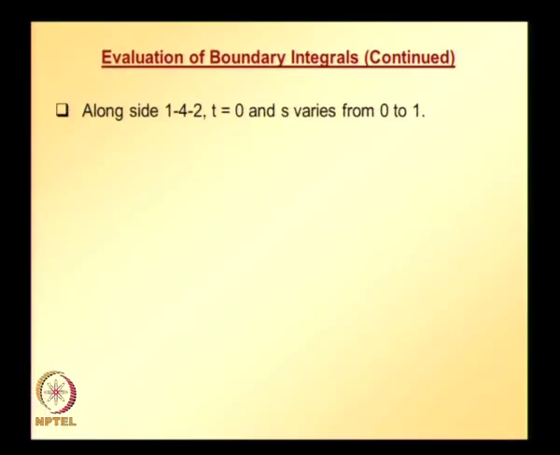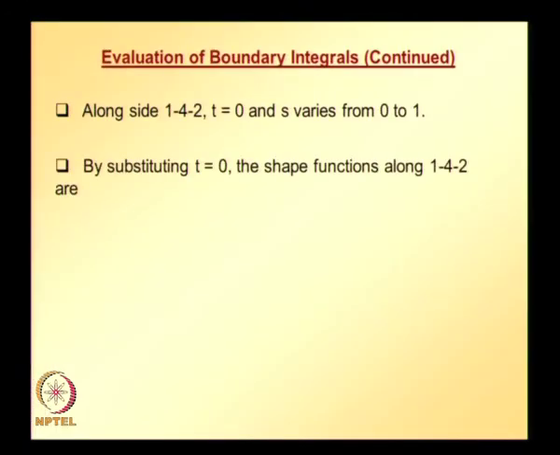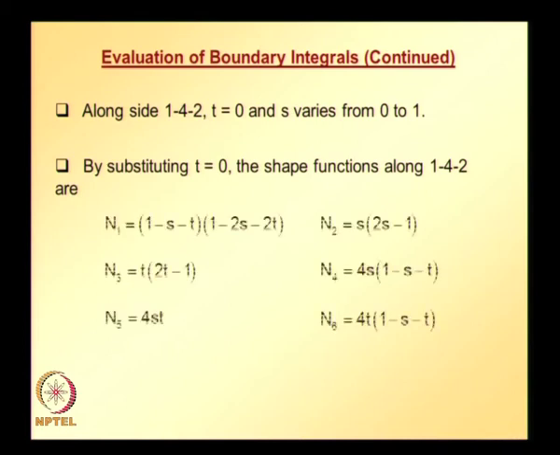Along side 1 4 2, t is equal to 0 and s varies from 0 to 1. So, by substituting t is equal to 0 in these expressions of N1 to N6, the shape functions along side 1 4 2 are obtained.